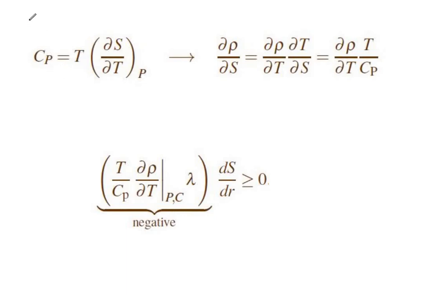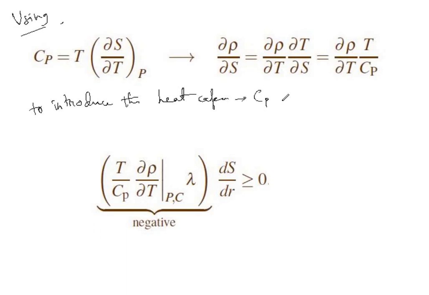So basically by using this Cp, now I want to introduce the heat capacity at constant pressure, that is Cp.